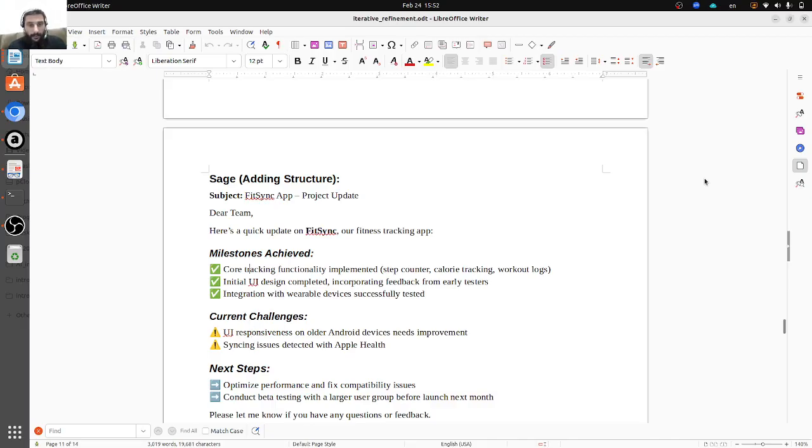Here we see our 3 sections, and moreover, we also observe that Sage added a few nice icons even without being asked, which makes the email even more stylish and improves the clarity.